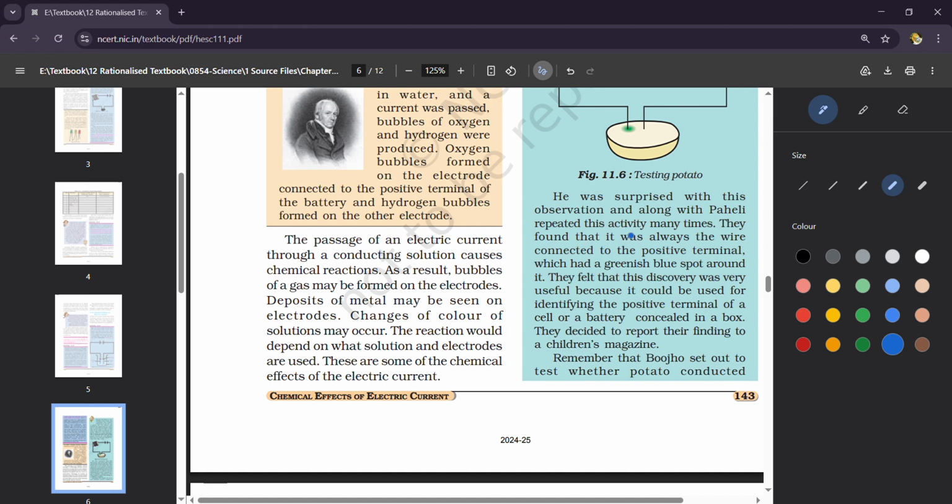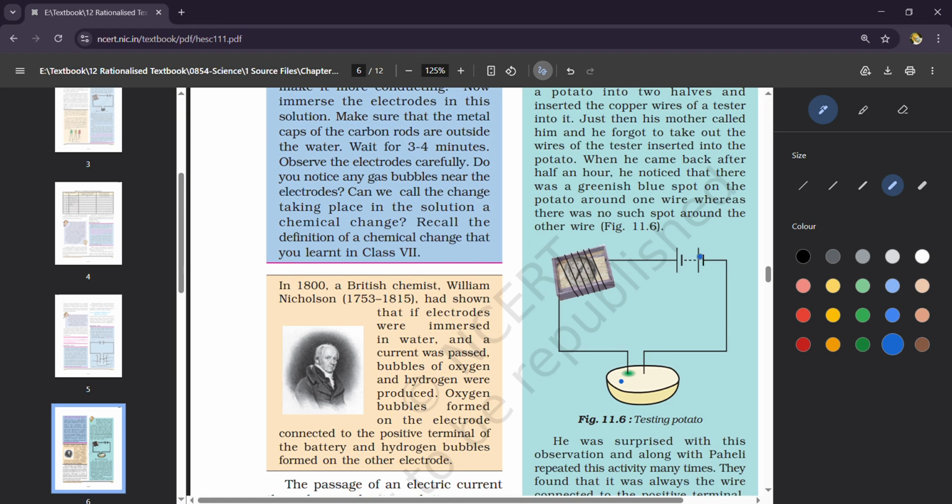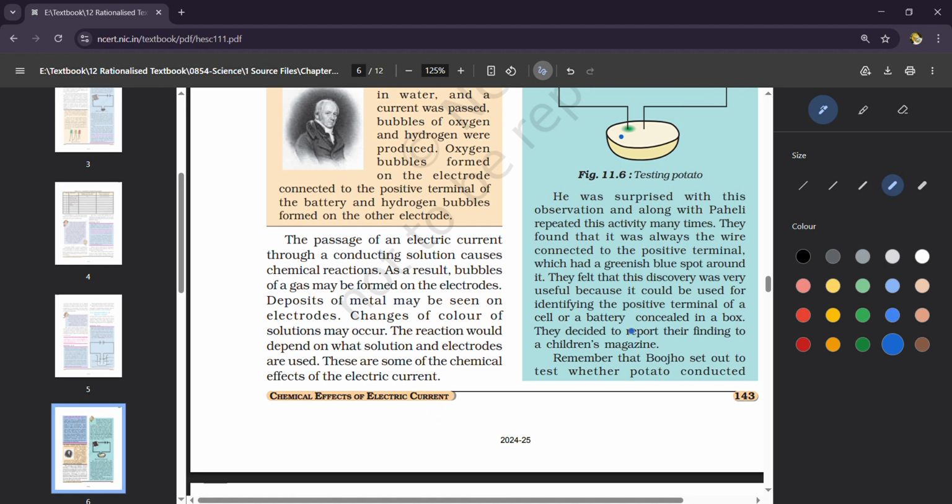This is a chemical effect of electric current, that change in color can occur, like here in the potato, due to the chemical effects. The passage of electric current leads to chemical reaction.